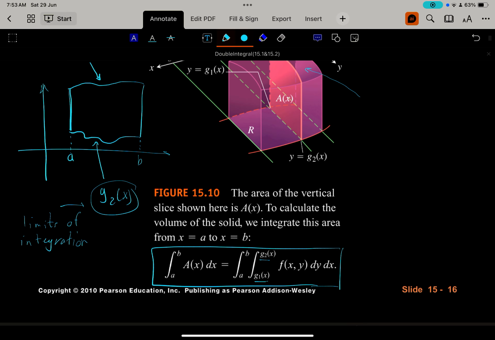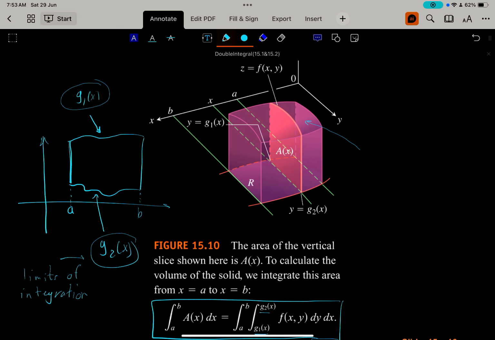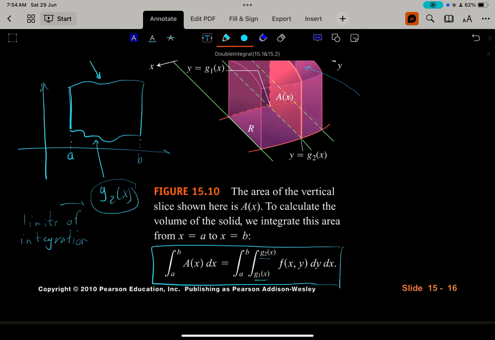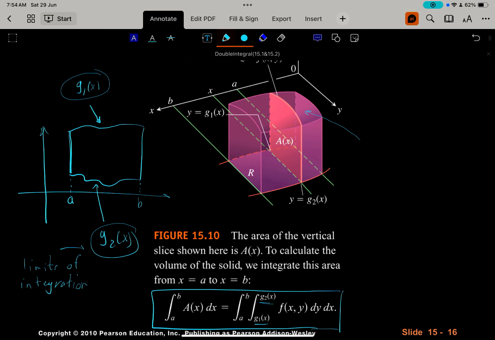And so now if we want to integrate with respect to y, since y extends from g1 of x up to g2 of x, we can just put in these functions as the limits, okay?